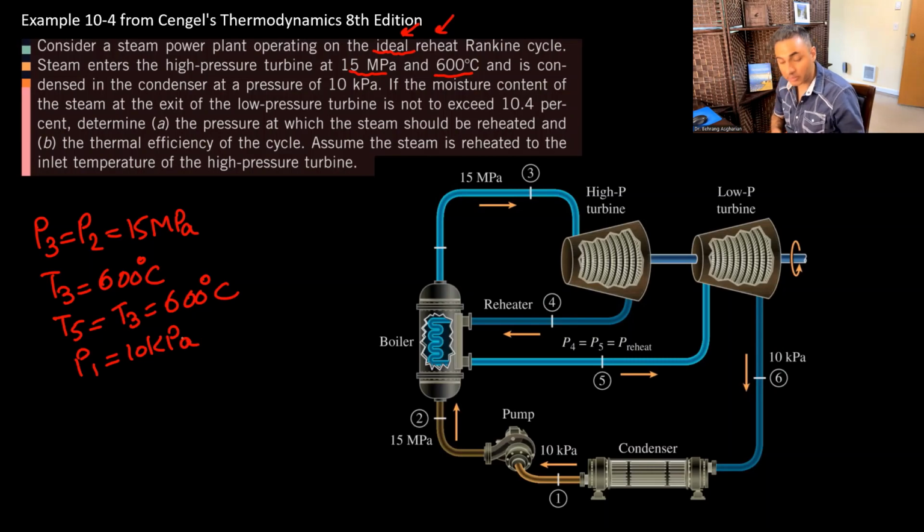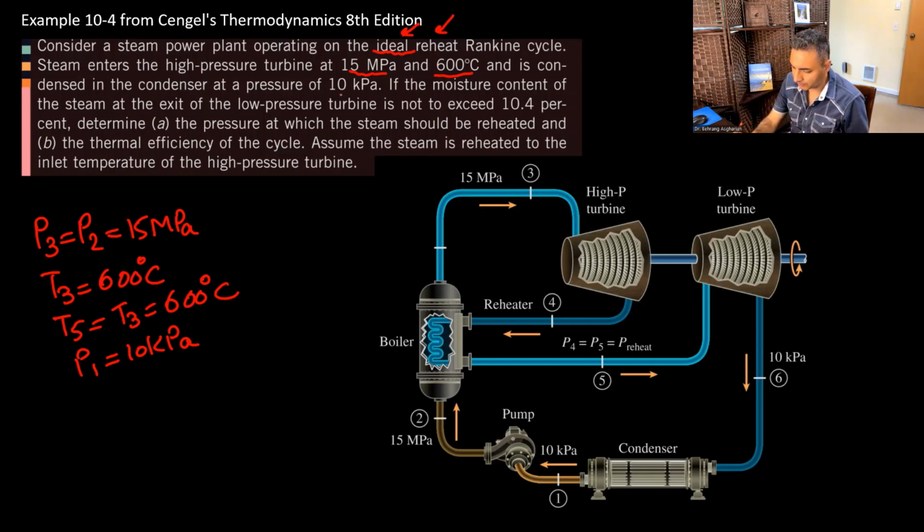So as I said before, we need 4 pieces of information. So how many pieces of information do I have? I have actually 3. I have 2 pressures and 1 temperature. I either need to have the value of P4, right, or something else. So let's read the problem. Okay, so it says the condenser pressure is given as 10 kPa.